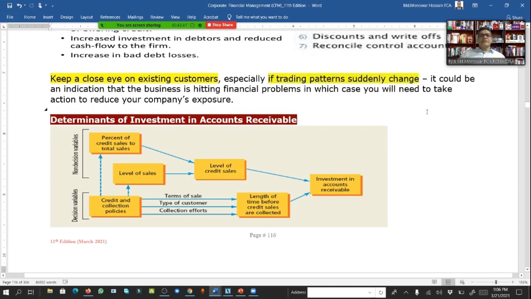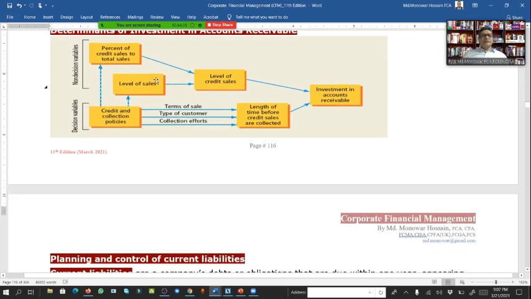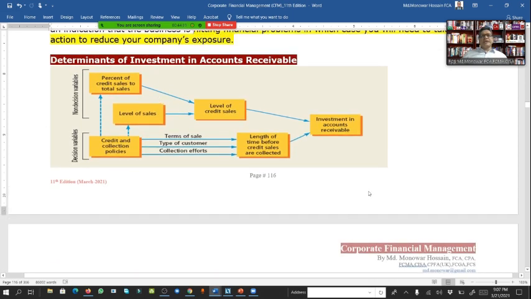It could be an indication that the business is hitting financial problems, in which case action will be needed to reduce your company's exposure. So this is the basic thing for controlling receivable management and determining the investment in accounts receivable.